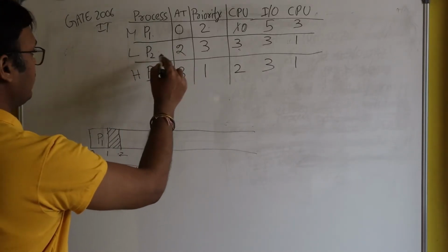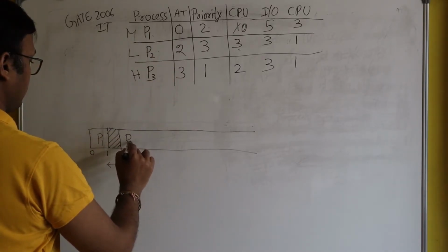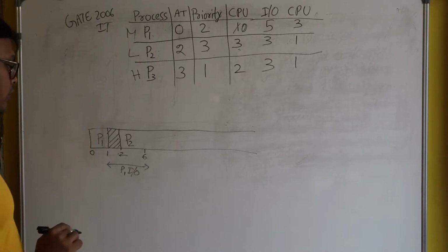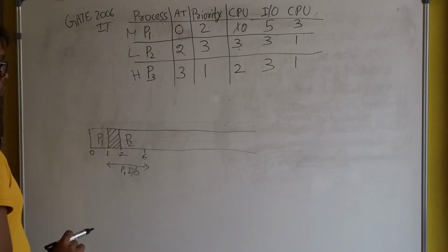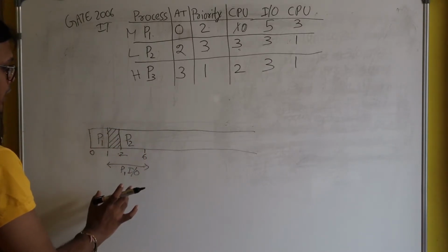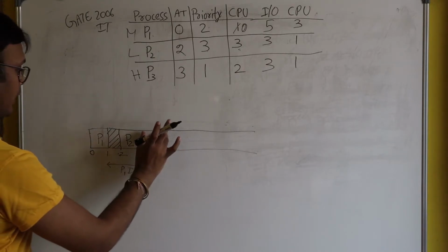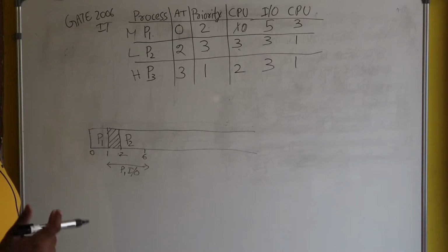So at 2 seconds P2 arrived. Fine. So here I can write P2. It's not like that after 6 seconds I will write here P2. No, because IO operations can be overlapped with the CPU operations.